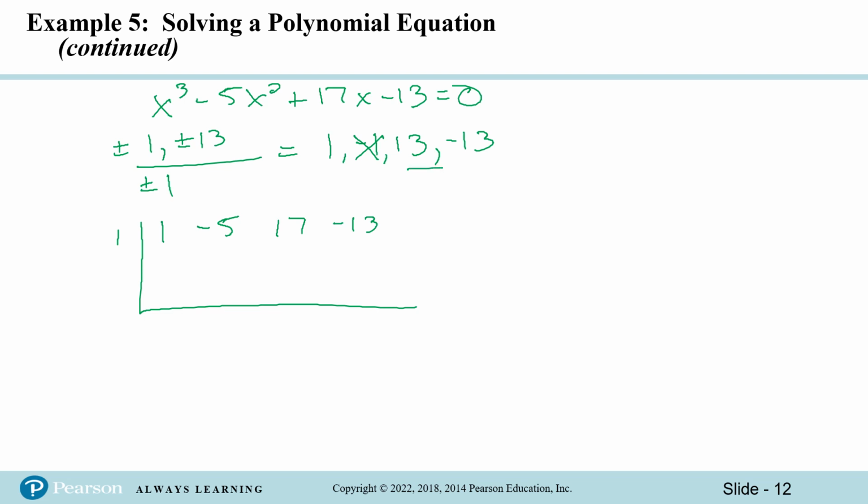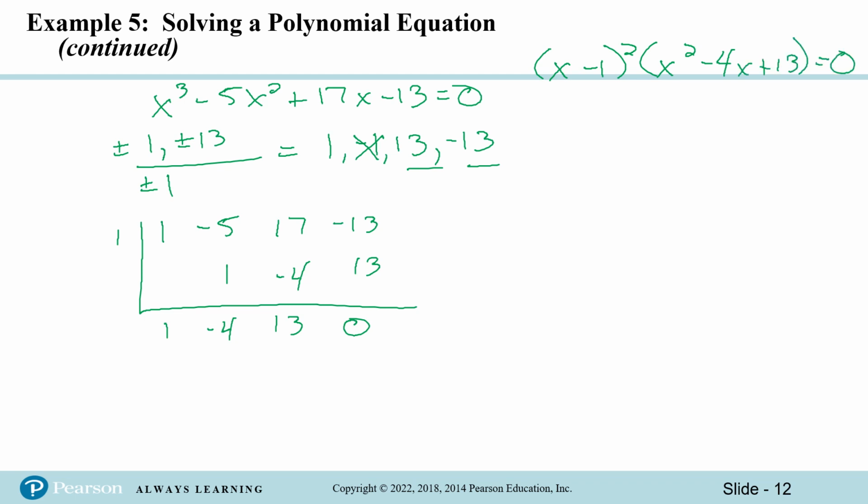Mostly I'm just trying to avoid using 13. 1, 1, negative 4, and this is looking good. All right, it turns out that 1 was a double root. So this could give me x squared minus 4x plus 13 equals 0.